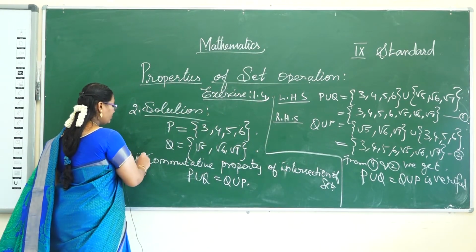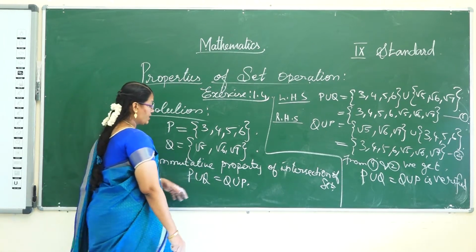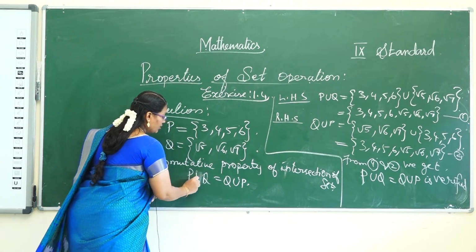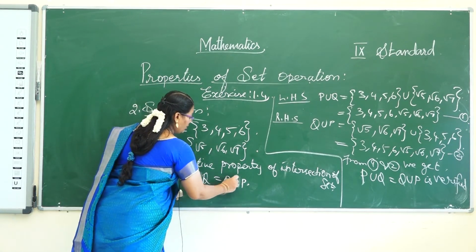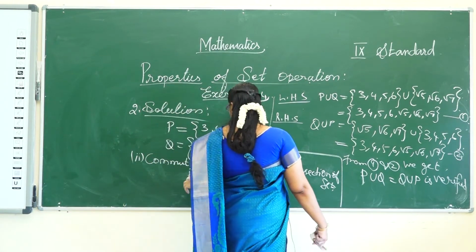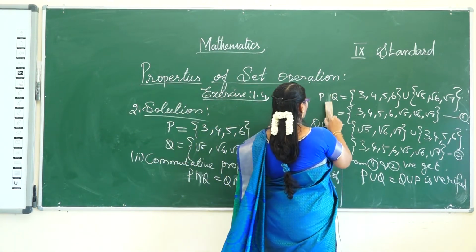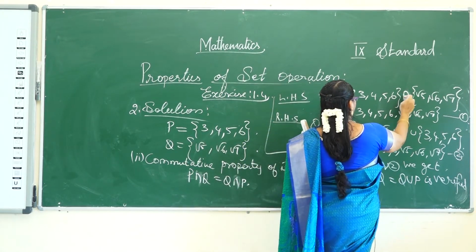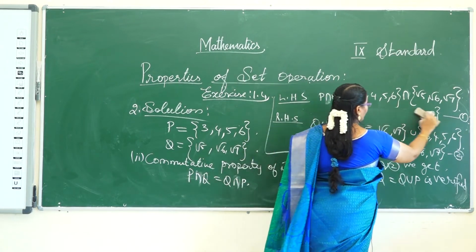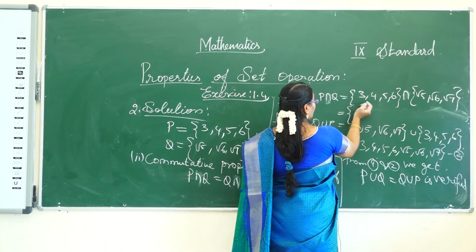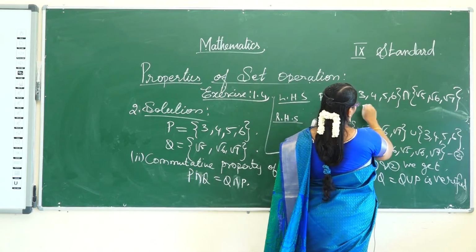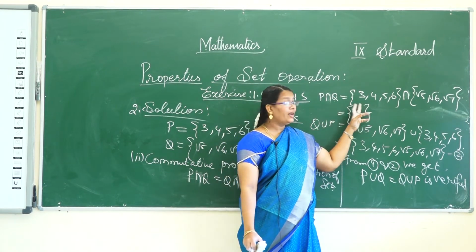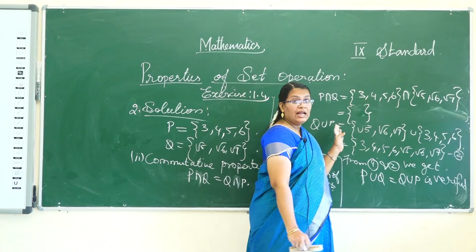First was the commutative property of union of sets; second is the commutative property of intersection of sets: P intersection Q and Q intersection P. From the left hand side, P intersection Q is equal to, which elements are common? No elements are common in sets P and Q. So it's a null set.